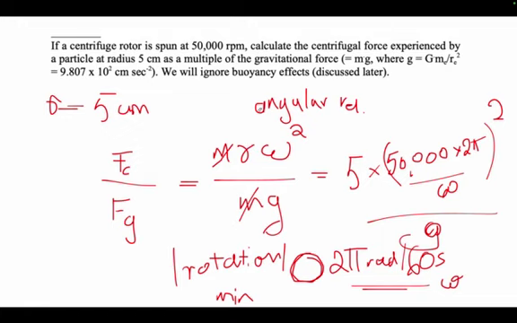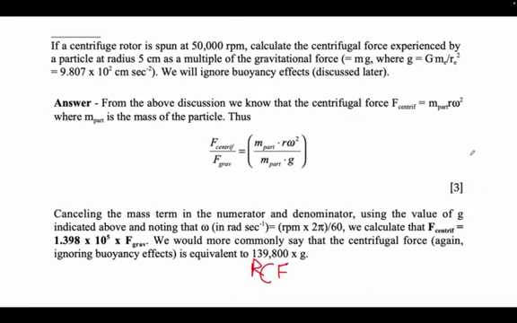R is 5 centimeter, we added here, and omega we are substituting from this value, 50,000 rpm into 2 pi by 60. Okay, so all we have to do is this multiplication. When we do this multiplication, we get this value.